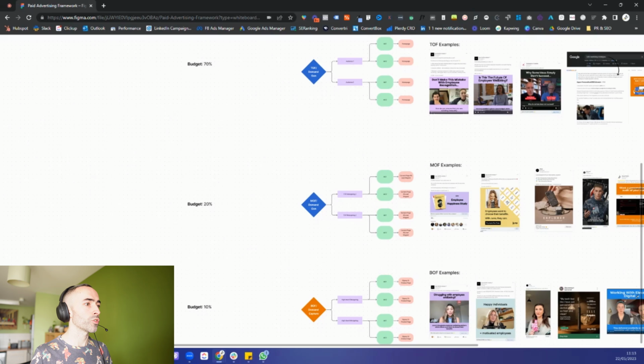So once you've got that, what you want to be doing is reinvesting the profits you're getting from that into a more full funnel campaign like this one, because this is what's going to set you up for the long term to really start educating the wider market and reducing your overall cost per acquisition, because you're no longer competing and fighting for scraps, but you've actually got a huge pool of buyers now that you are educating.